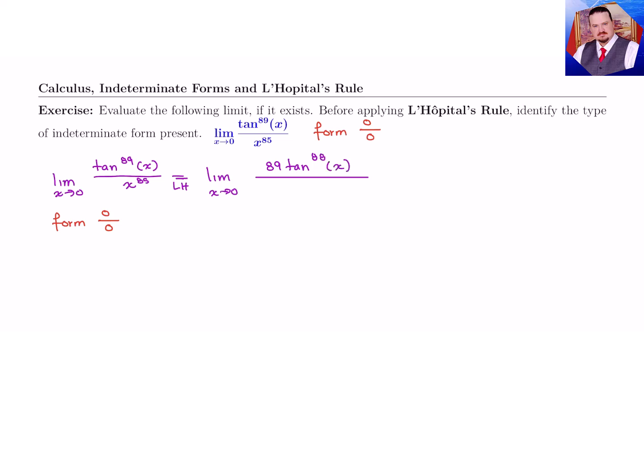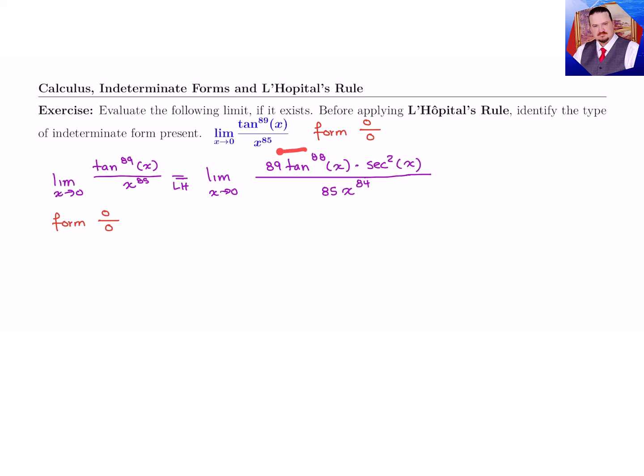And now, of course, times the derivative of the inside, which is secant squared. Still no problems. And then, of course, 85x to the 84. So it got better, but only marginally so.